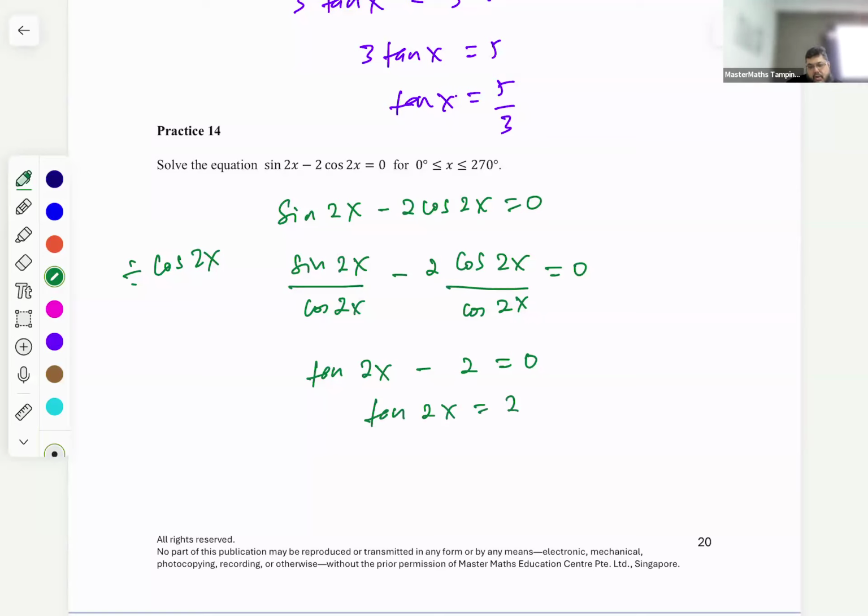So your 2x will be what? So this 2x, okay, maybe, yeah. So, no, what's the answer? Inverse tangent 2. What's the answer?